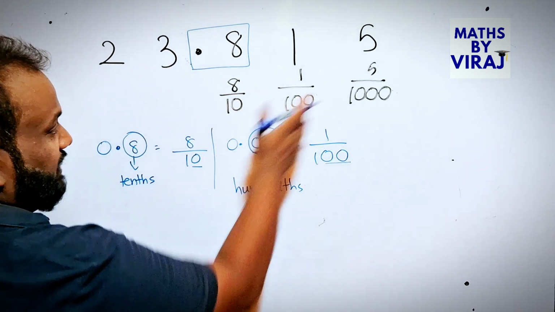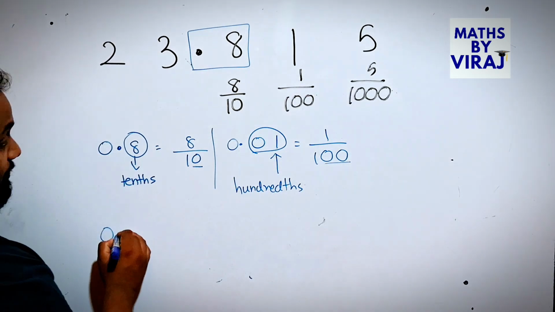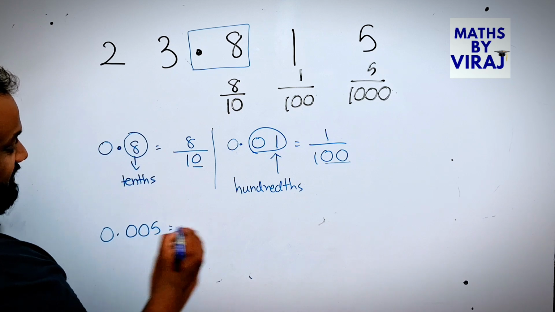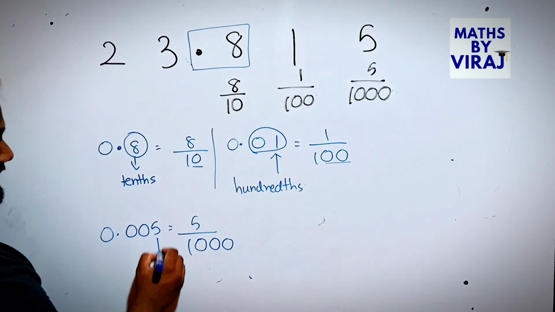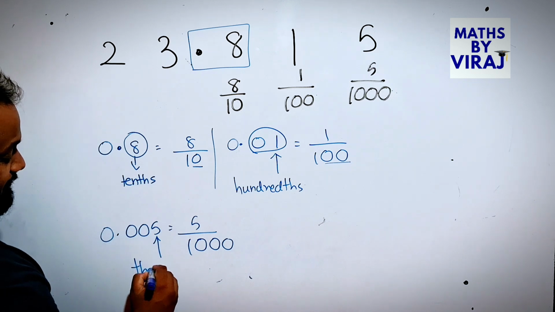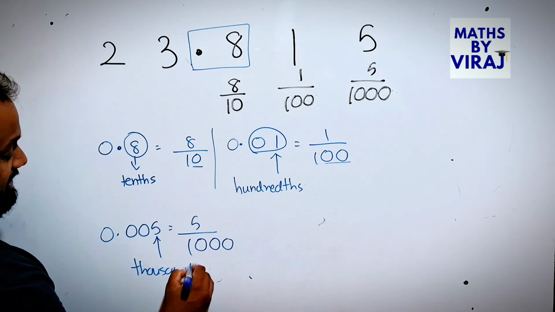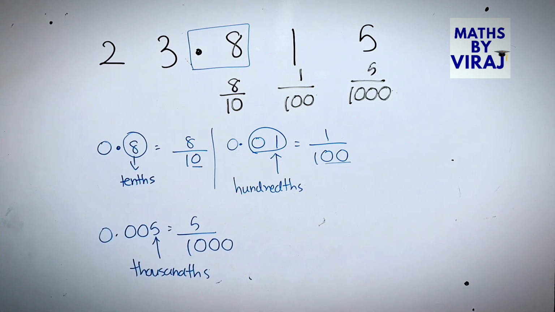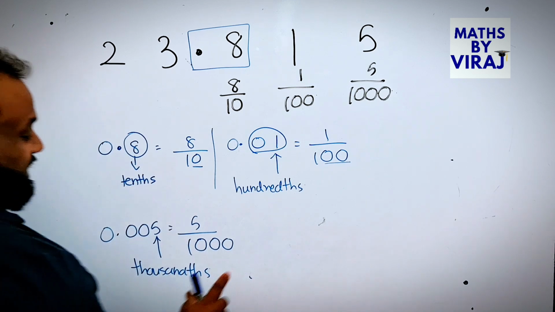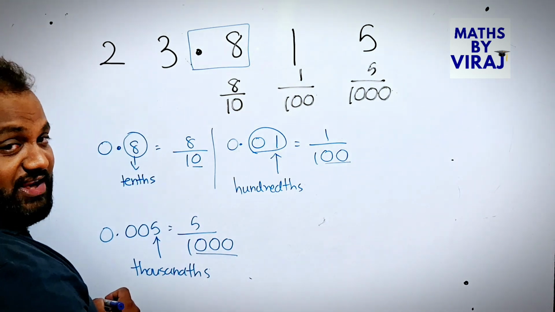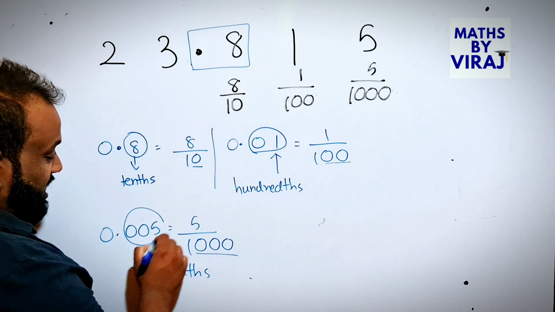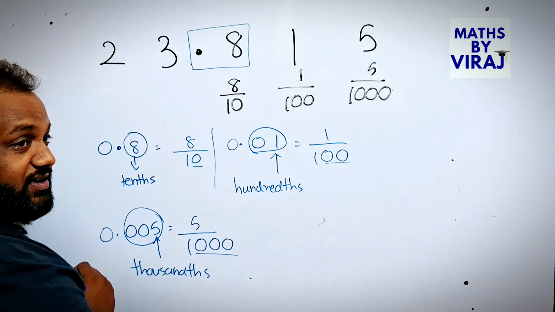Further moving forward, if you look at this, 0.005, 5 over 1000. Why would I write that again? This is my thousandths place. When this is my thousandths place, how many zeros do I have? 3. Therefore, how many decimal places should I have? 3.